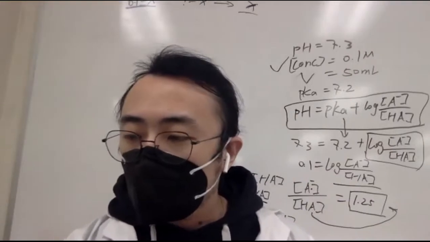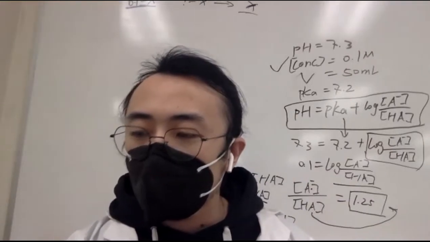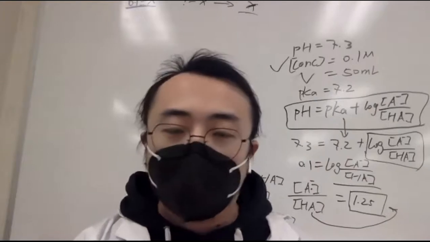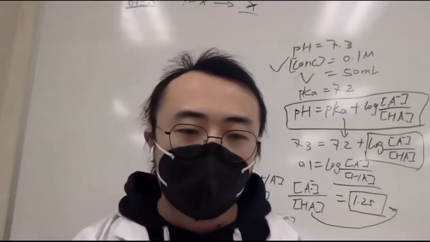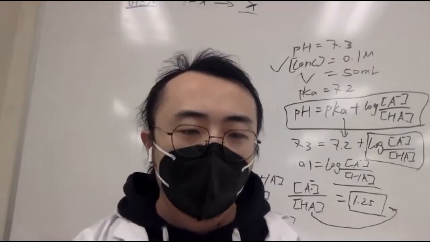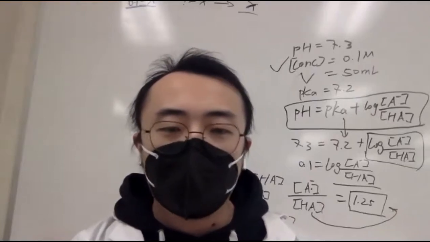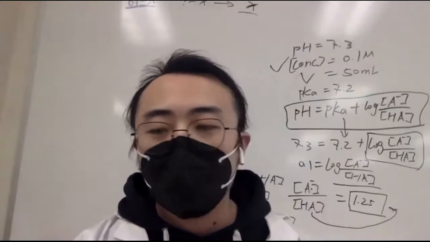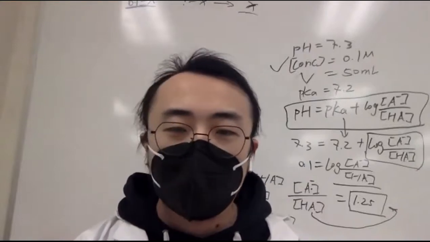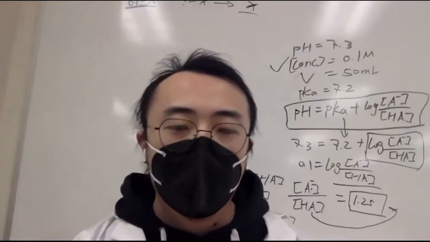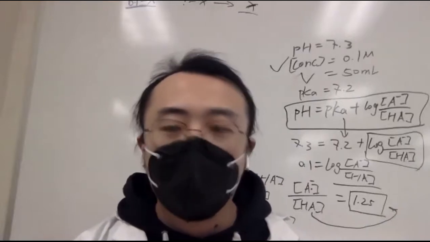So basically, what we are going to do today experimentally is use phosphate salts. We are using two phosphate salts. One is potassium phosphate dibasic. The other one is potassium phosphate monobasic.